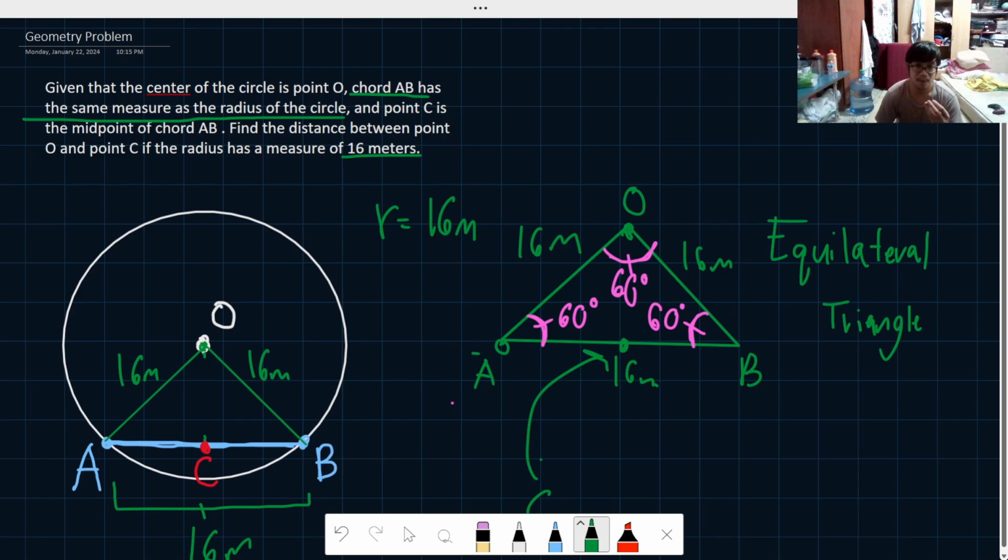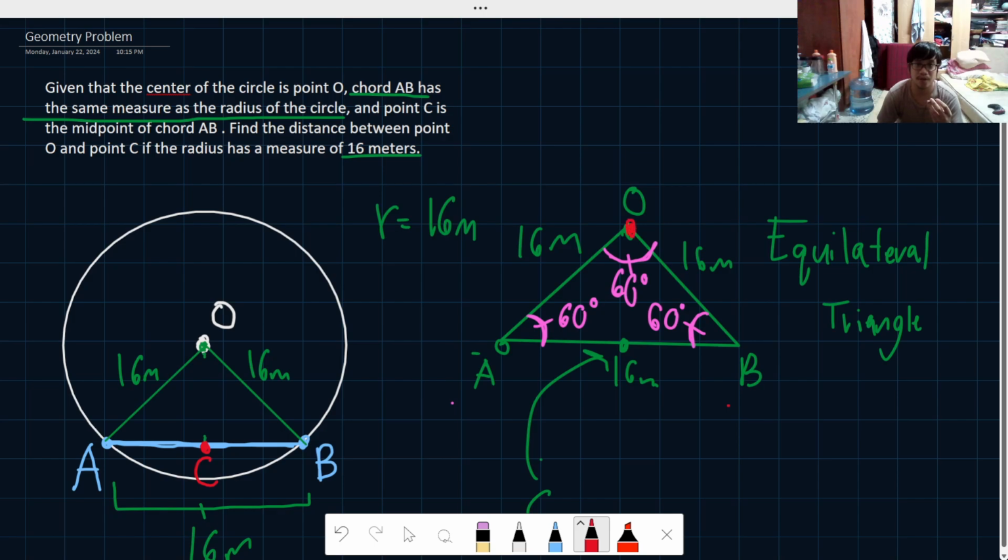So what I'm going to do here is draw a bisector going to the midpoint, point C. Basically, think of it as if I'm going to make a line from point O to point C. Let me use a red color.